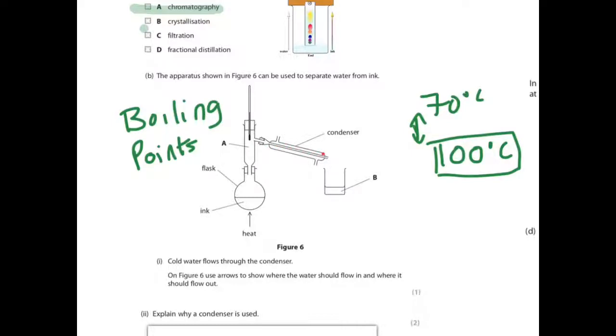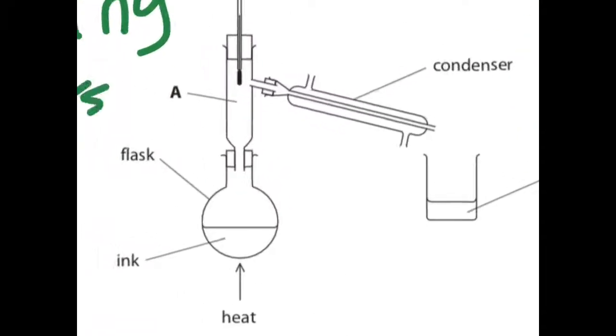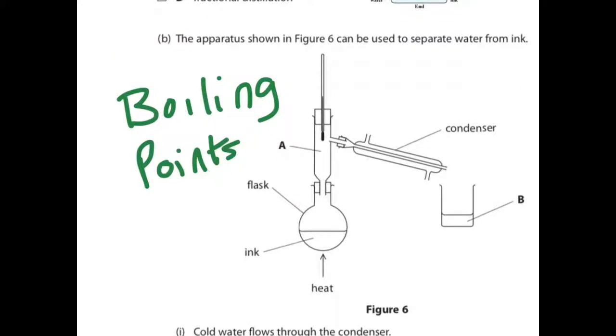And to help with that, to make it much quicker, what we do is we have a condenser. Now, a condenser, sometimes called a Liebig condenser, has water flowing through it on the outside here. Now, for that to happen, you may have seen this in a school lab, we connect this to a tap.